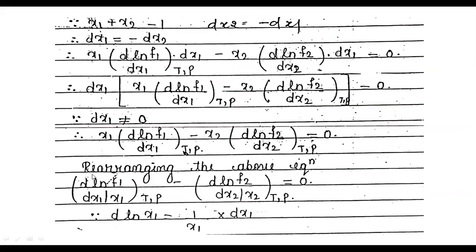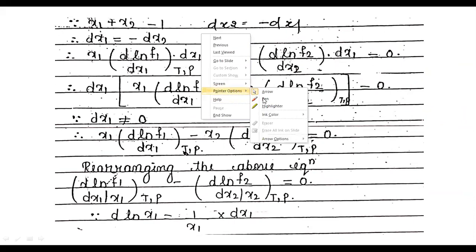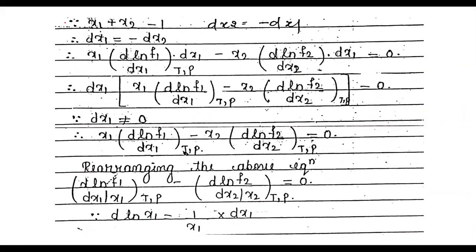Now we know that the mole fraction of the first component plus the mole fraction of the second component becomes equal to 1. The addition of the mole fractions becomes equal to 1. So let us write here x1 plus x2 is equal to 1.